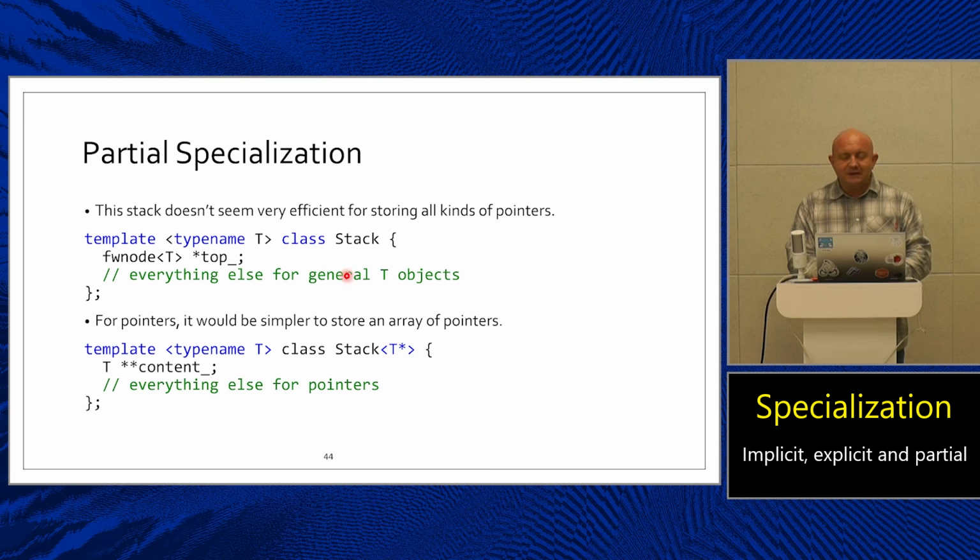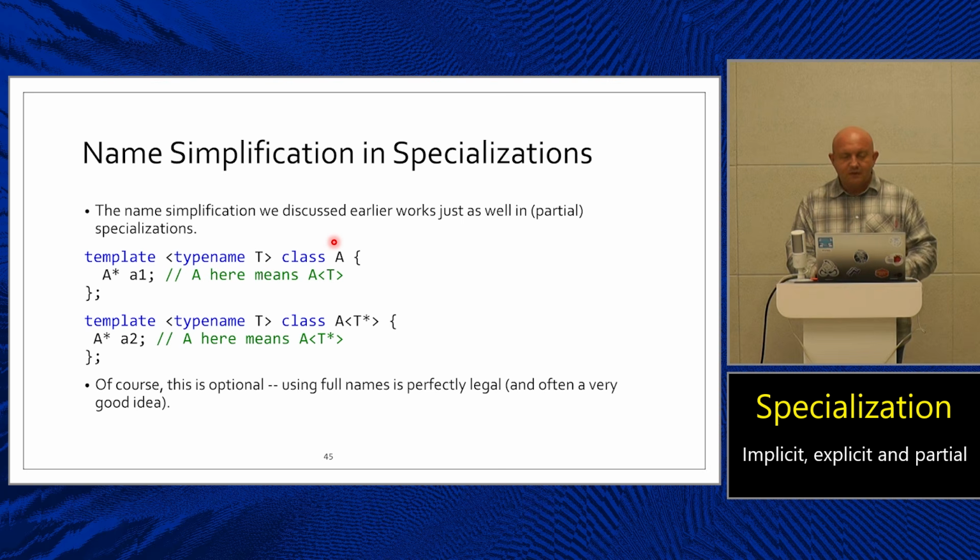The primary template still handles all non-pointer types, but for any pointer types, the compiler will use this more efficient version that stores a plain array of pointers. This is a powerful technique that's unique to class templates.